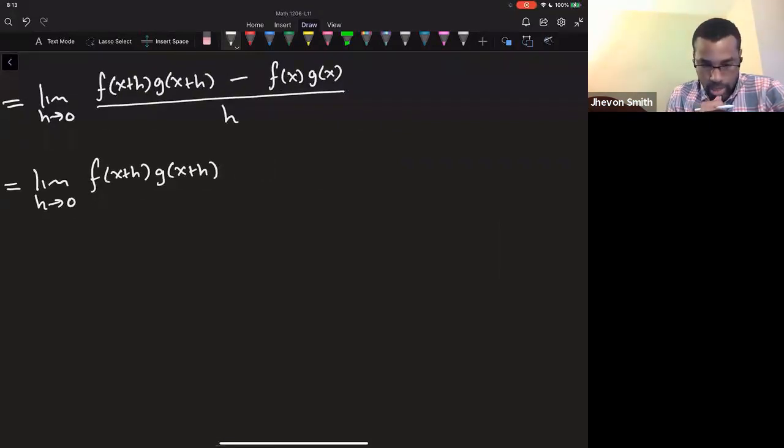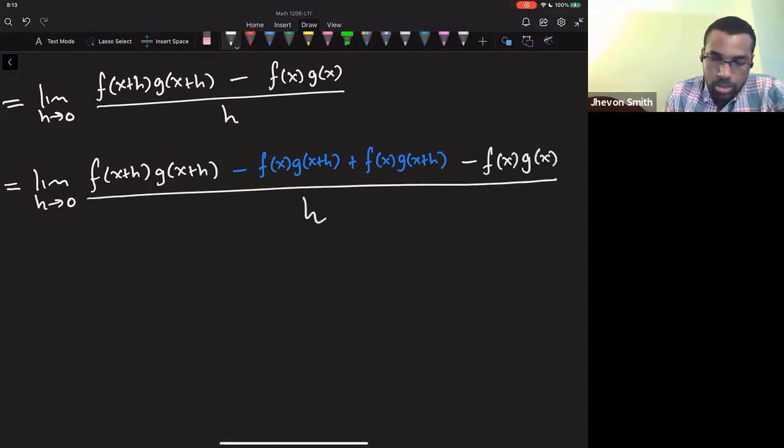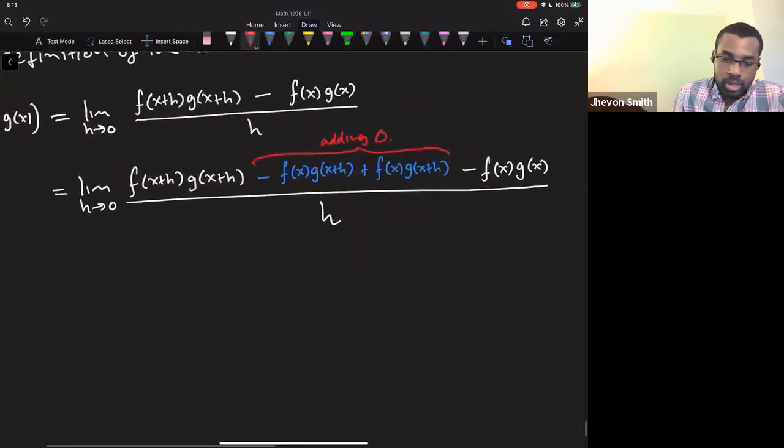What are we going to add or subtract? It's minus f of x times g of x plus h, and I'm going to add f of x times g of x plus h. This guy is 0. So it's not changing anything for me to add that.